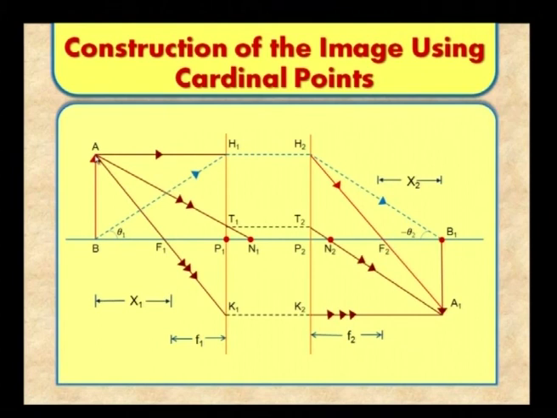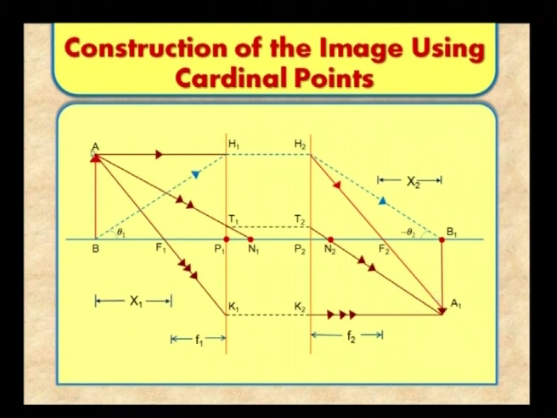So, you have H1P1, that is a principal plane, and H2P2 is another principal plane, and I have been telling you just now that there are 3 light rays which are passing from A: AH1, another light ray takes the route AN1, the third one is passing through the first principal focus, AF1K1. Then from these light rays, how do you get the image point A1?